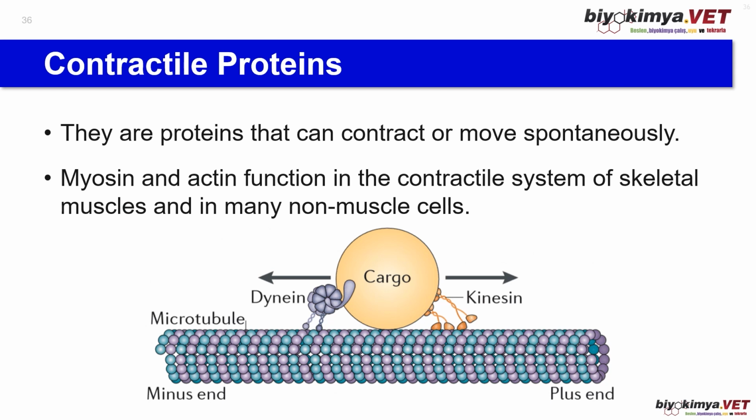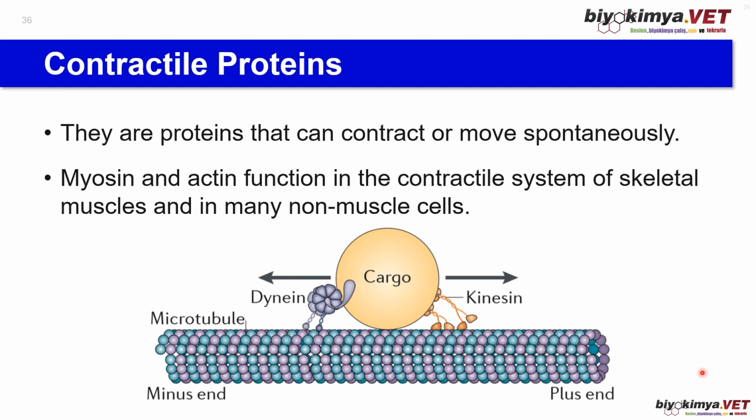Tubulin is the basic building block of structures inside the cell called microtubules. Here you see part of a microtubule. Microtubules form part of the cytoskeleton and perform a variety of important functions inside the cell.